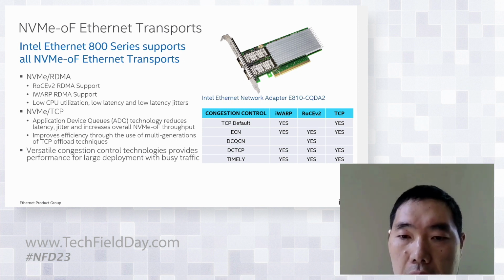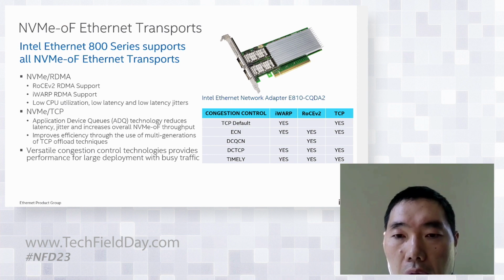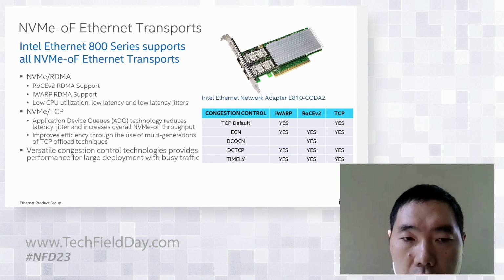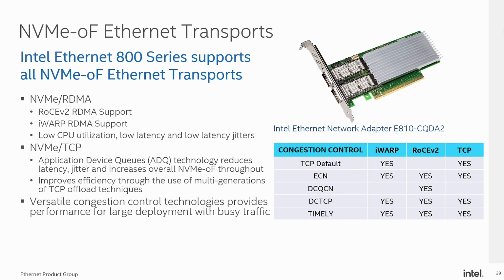One is ECN-based, explicit congestion notification, which means a switch will flip the ECN bit and tell the endpoint that congestion is going to happen. The other one is round trip time based, which is Timely. It can measure the packet round trip time and decide whether there's a delayed round trip time and whether I need to control the packet pacing.